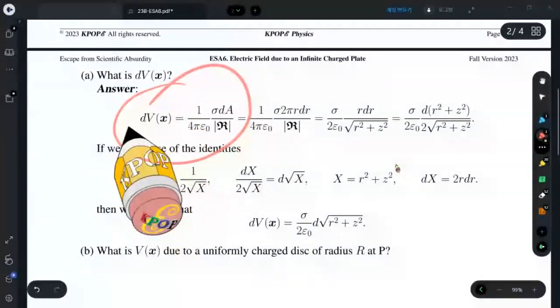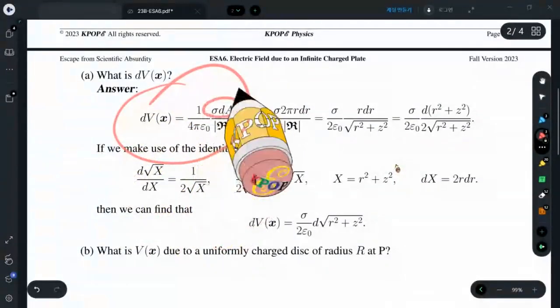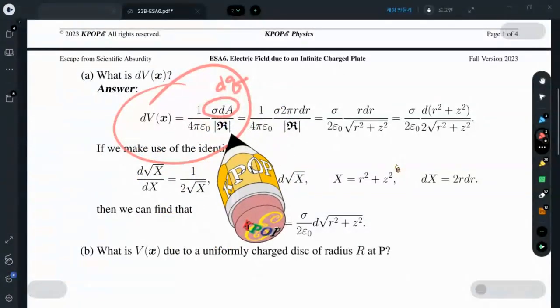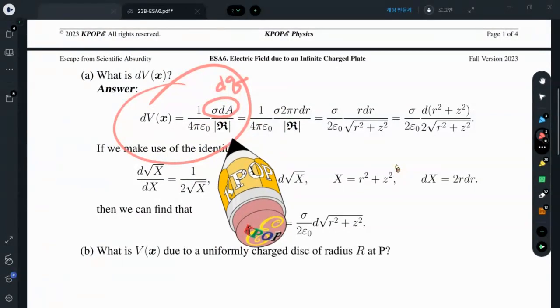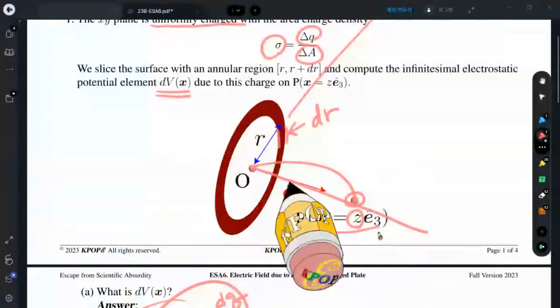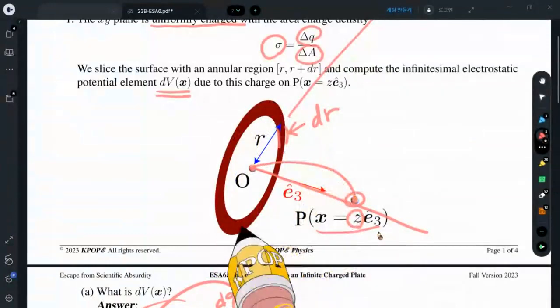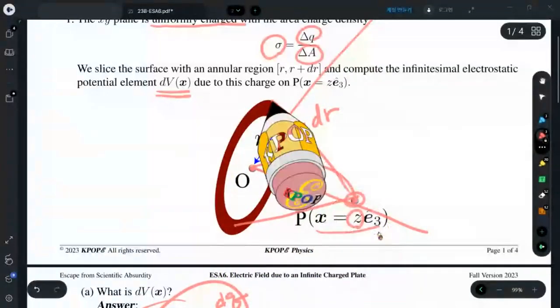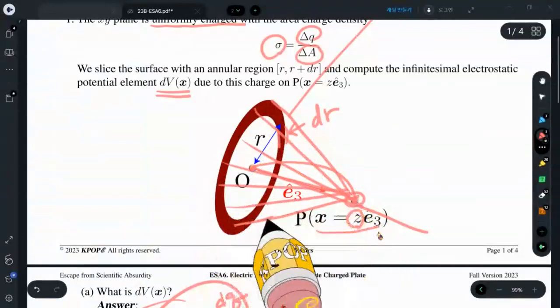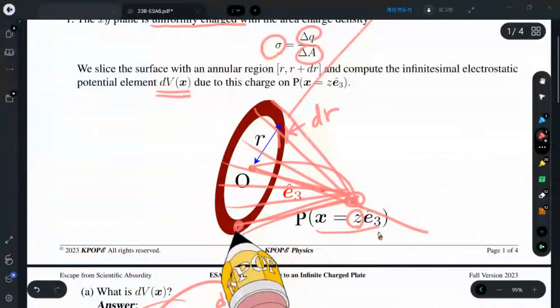Now I can always make use of the fact that the potential is the charge divided by the distance between the source and the field point. The reason why I have chosen this annular region is that I can draw a cone, and everywhere on the annular region has the same distance to this point.